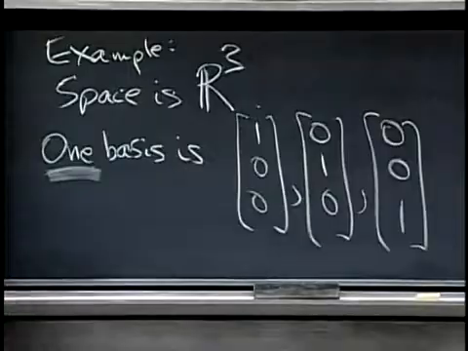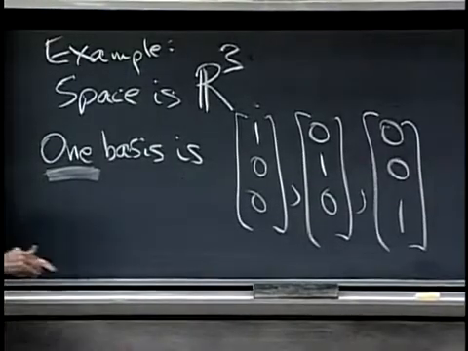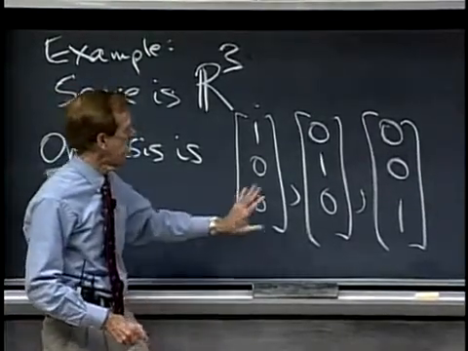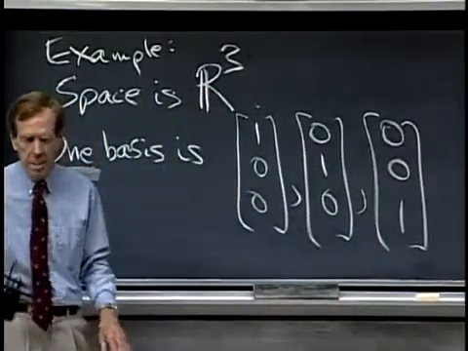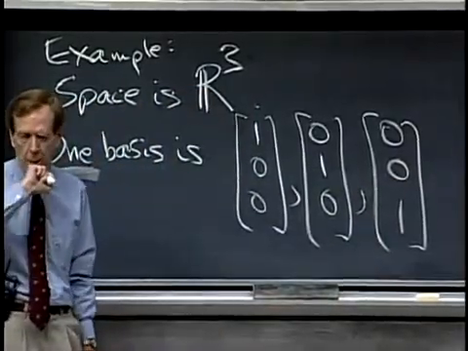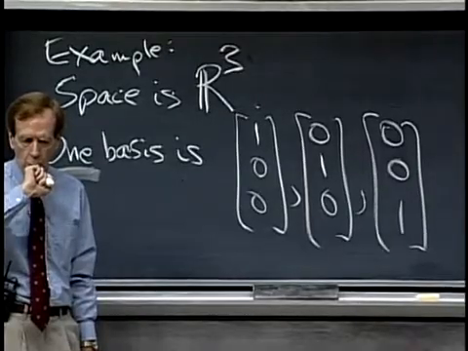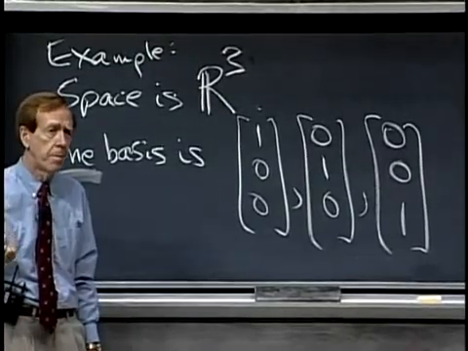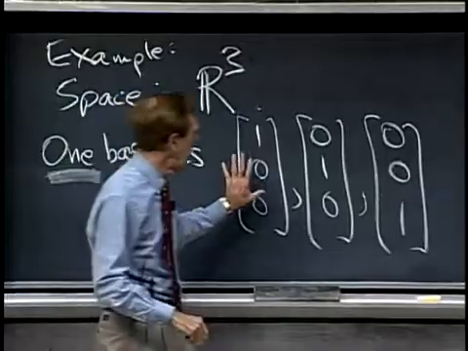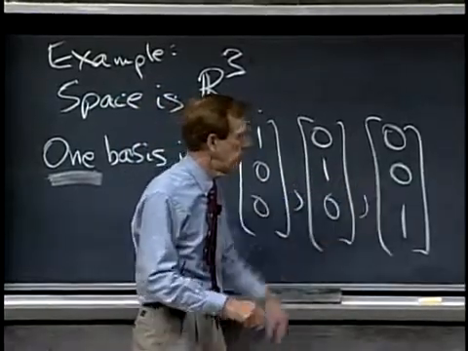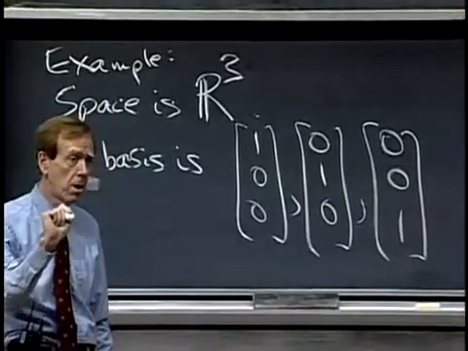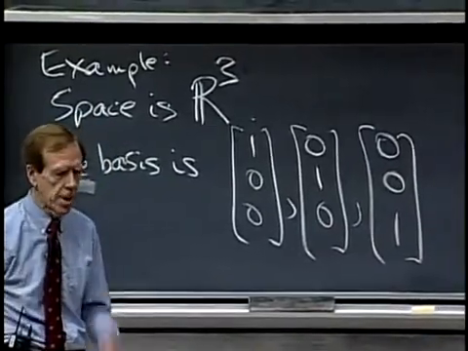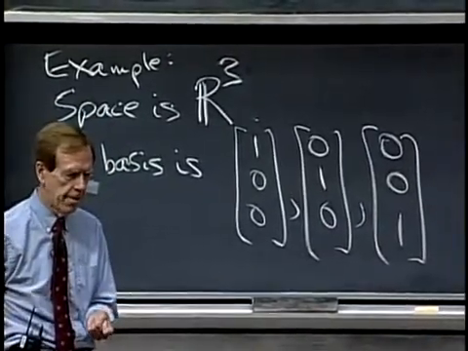Certainly, they are. Take a combination, c1 of this vector plus c2 of this vector plus c3 of that vector, and try to make it give the 0 vector. What are the c's? If c1 of that plus c2 of that plus c3 of that gives me 0, 0, 0, then the c's are all 0. Right. So that's the test for independence.